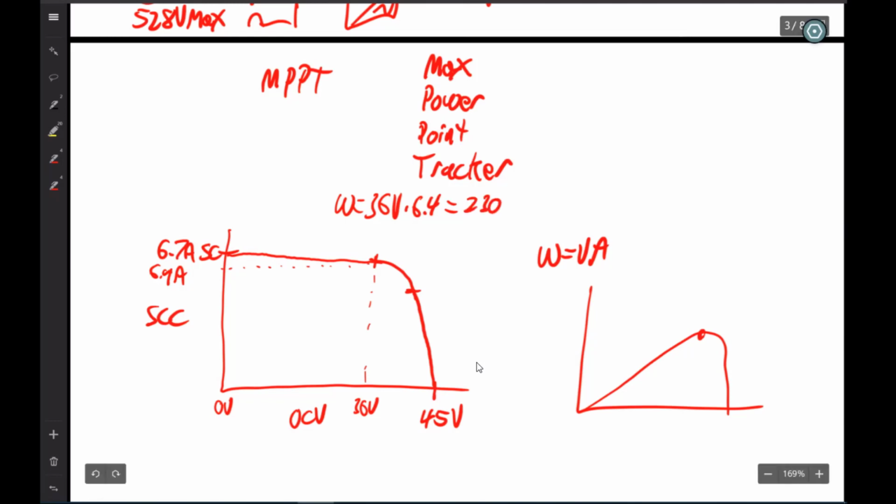Let's say this one is 40 volts, but the current is down to 6.3 amps. So the wattage, and I hope I did something good here, I'm making these numbers up on the fly.